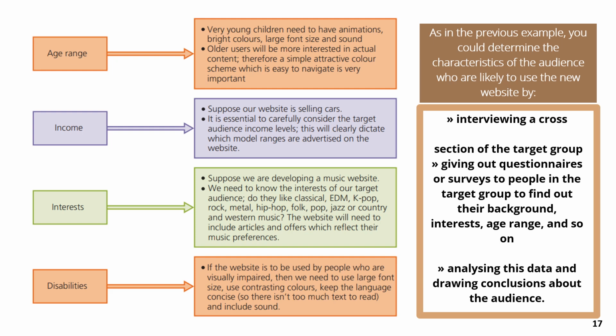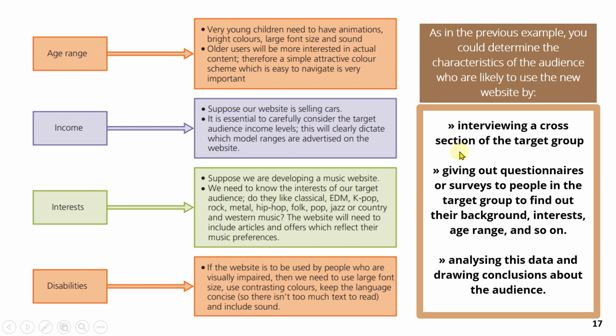Now, as in the previous example, you could determine the characteristics of the audience who are likely to use the website by interviewing a cross section of the target group, and giving out questionnaires or surveys to people in the target group to find out their background, what they like, their interests, the age range, and so on.